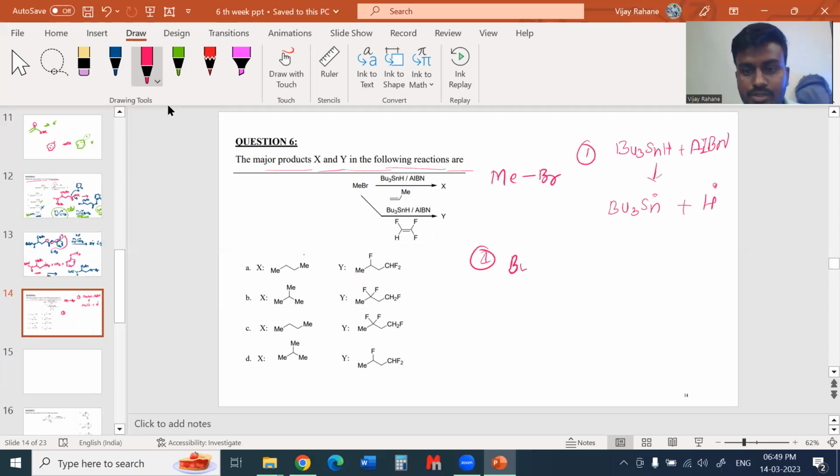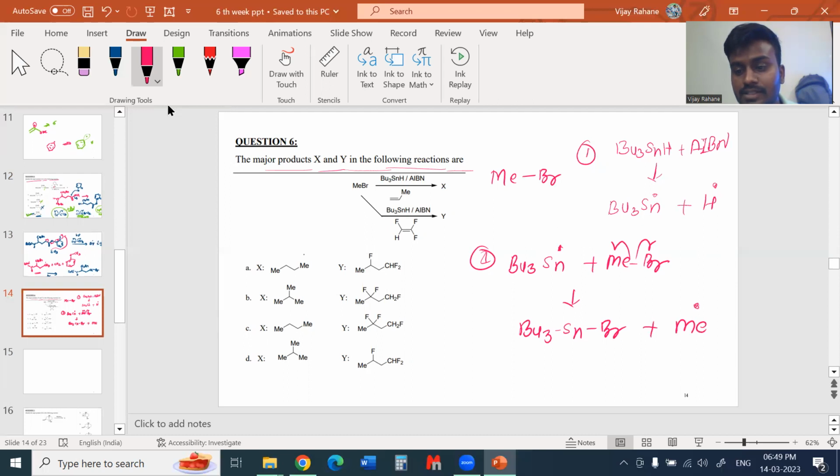This Bu3Sn plus MeBr. So like this radical initiation will happen, and it forms a Bu3Sn-Br bond, and a methyl radical is getting formed.